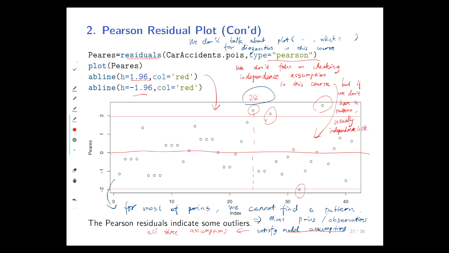In other courses, for instance, you may see some pattern in this plot, because here we plot the Pearson residual versus the index. So for the x-axis, it's the number of observations.